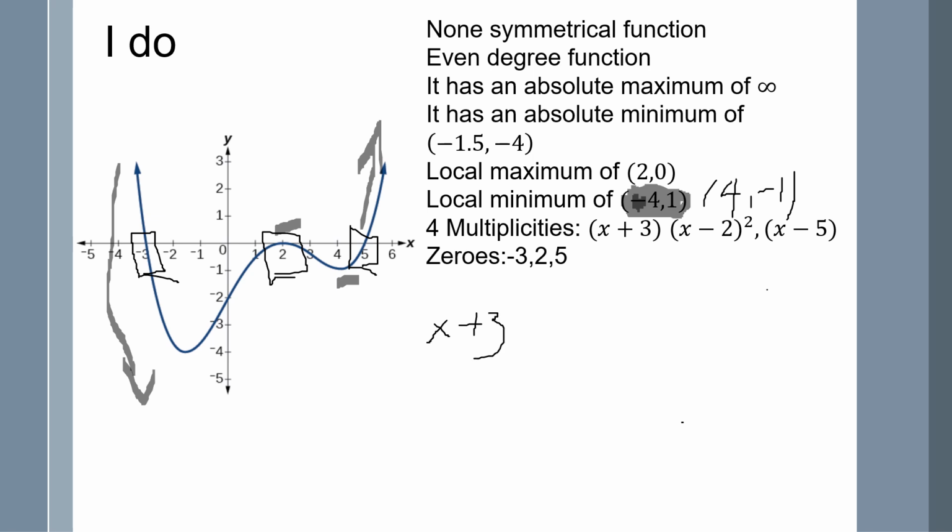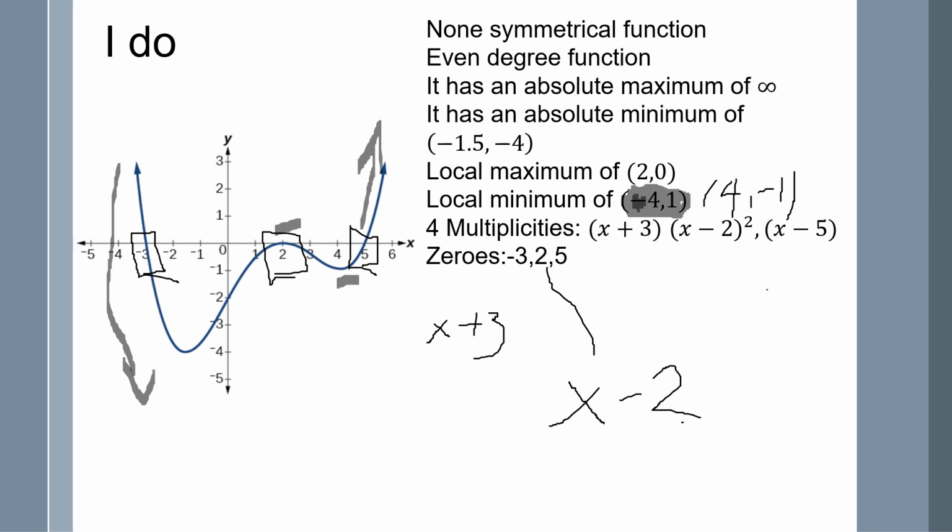You feel me? And if it's 2, and you see how it bounces off 2, that means instead of writing it as 2, because 2 is your 0, the factor form of your solution that is 2, you write it as x minus 2.